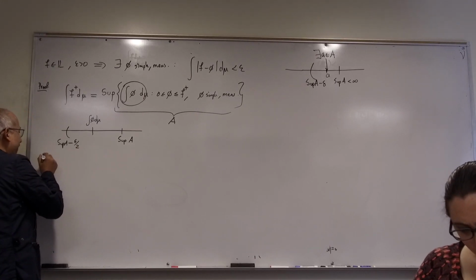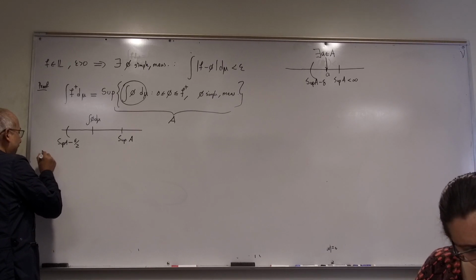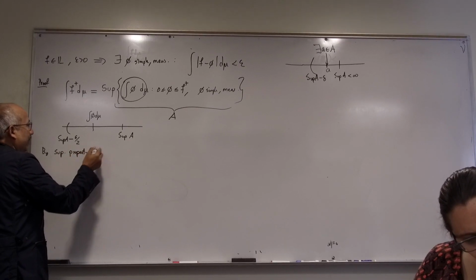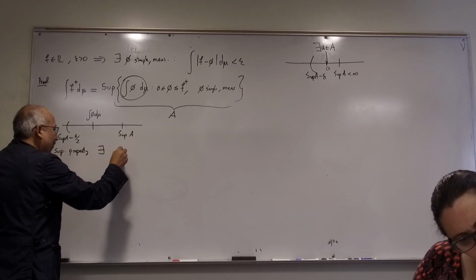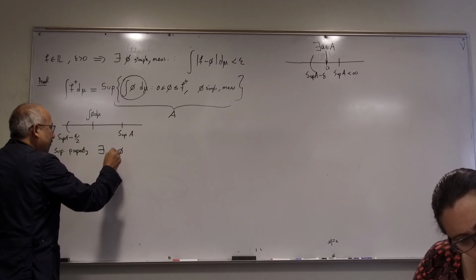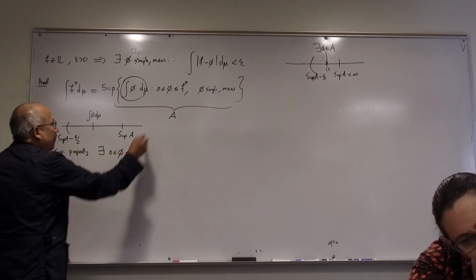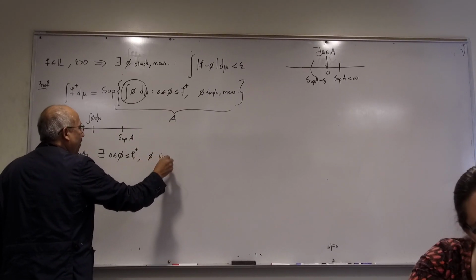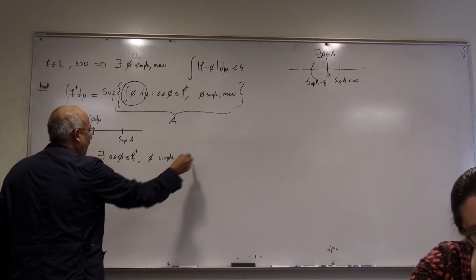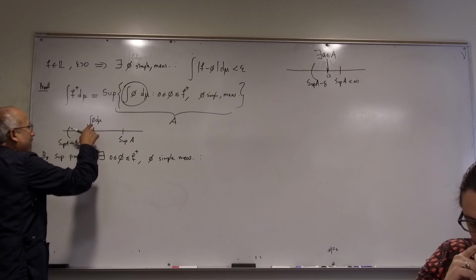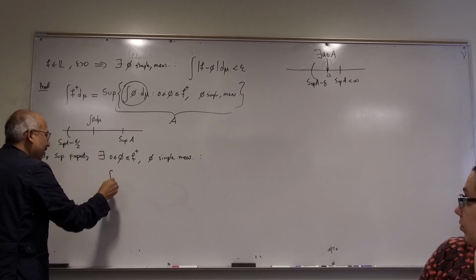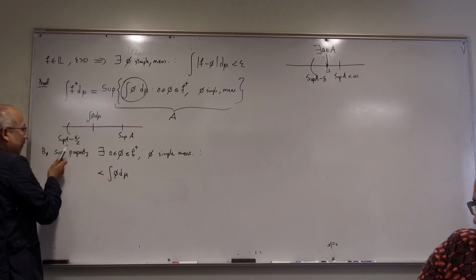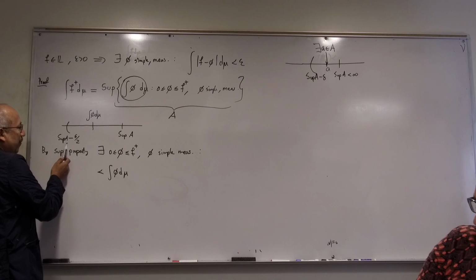So hence, by this supremum property, there exists a function phi that is greater than or equal to 0, less than or equal to f plus, and phi is simple and measurable, such that the integral of this is greater than the supremum of A minus epsilon over 2.